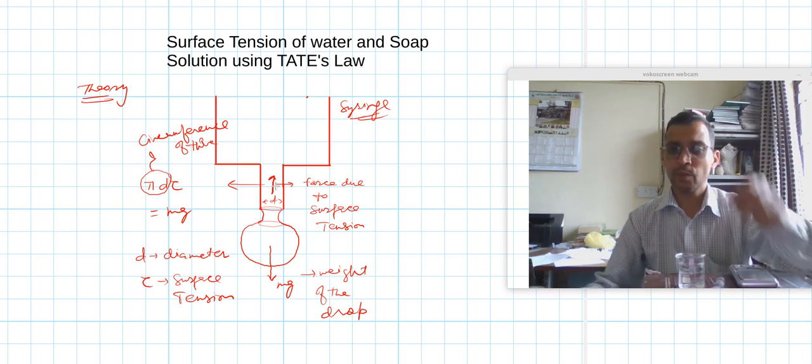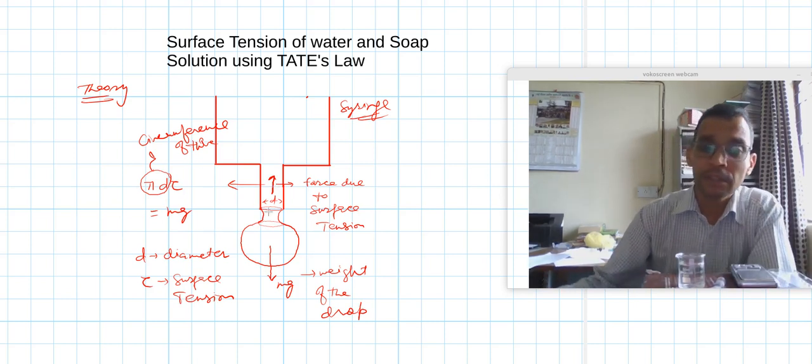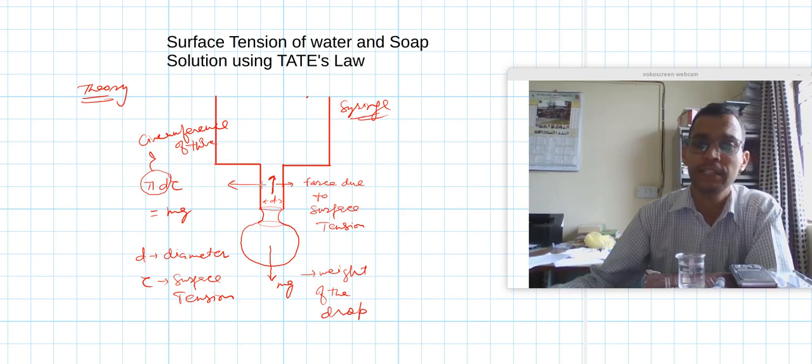So what will happen when it comes down slowly and steadily? The weight of the drop is balanced by the force due to surface tension, because surface tension will act on the drop in the upward direction. This is basically Tate's law.